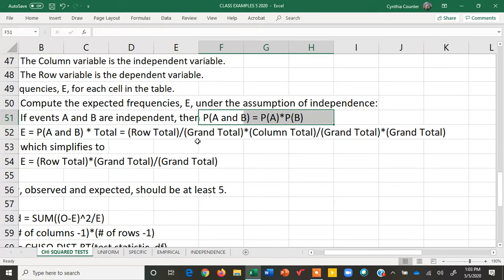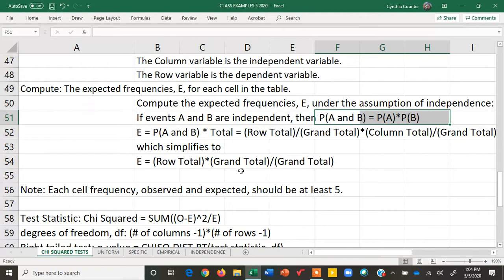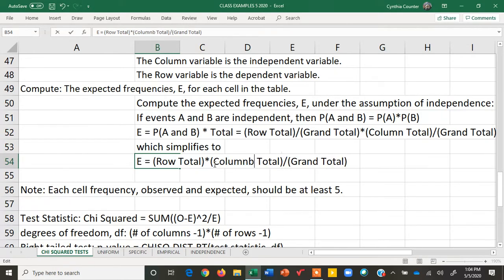So if we have this formula here, row total divided by grand total times column total divided by grand total, and then multiply that by grand total, we see that one of the grand totals will cancel out, and we're left with row total times column total divided by grand total. There is a mistake on the slide here; it should be row total times column total divided by grand total.